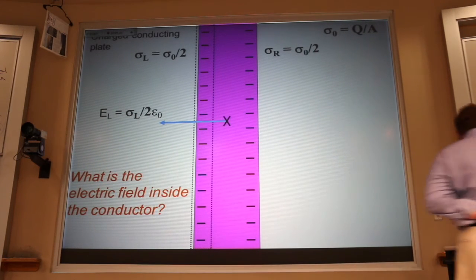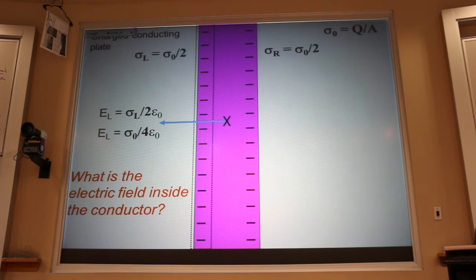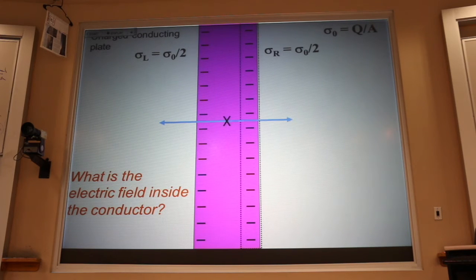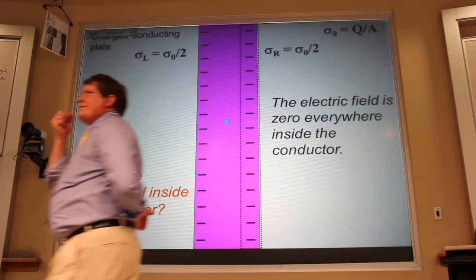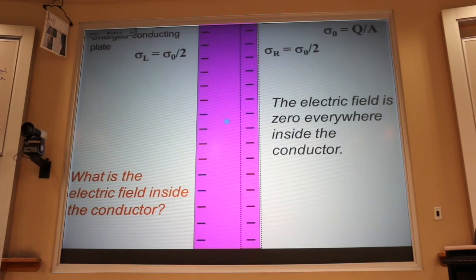If I look at the contribution due to the charge on the right, it's the same size, but in the opposite direction, towards the negative. And I get an E field inside the metal that is 0. And that's the bottom line. The E field inside of a metal, if you wait 1 times 10 to the negative 16 seconds, is always going to be 0.